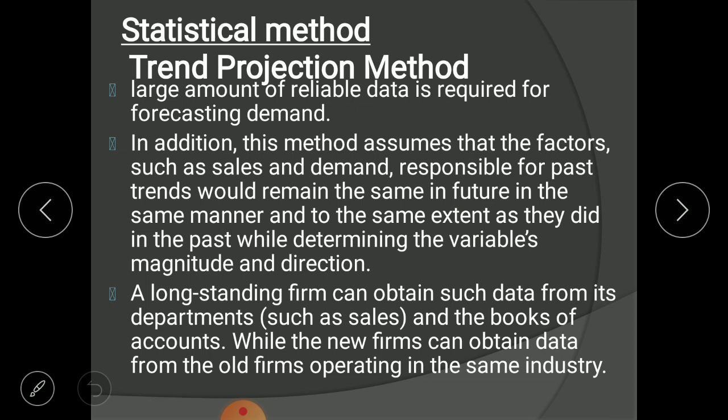You must have the past data in your sales department, how many units you had sold in the past. On that basis you can predict for the future. If you don't have units sold, then you can refer to your books of account. There you will get the figure of the sales, how much sales you have recorded in a past year. So from your books of account, from the accounting department or from the marketing department, the data will be available if you are an old firm in a market.